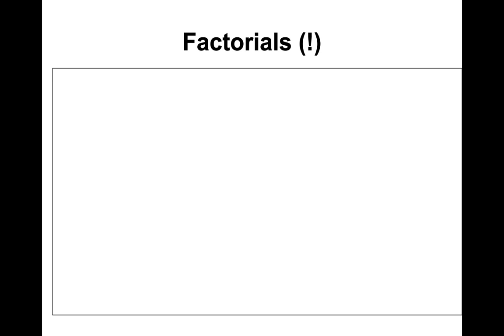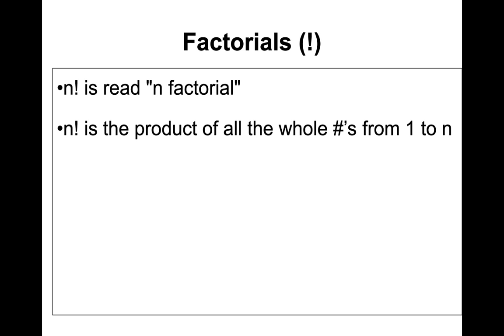Something to go along with this is something called a factorial. The factorial is the mathematical symbol for an exclamation point. It does not mean shout the number loudly. This reads n factorial, and what it means is the product of all the whole numbers from 1 to n.